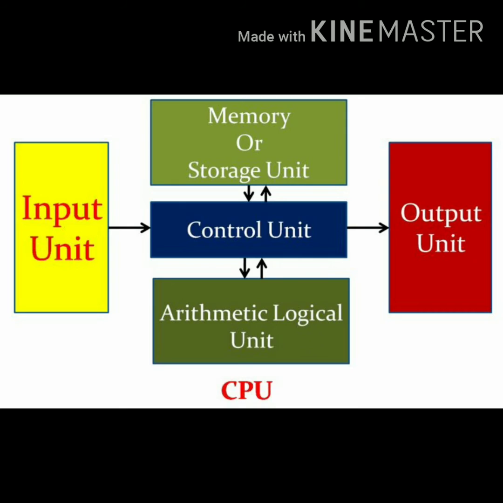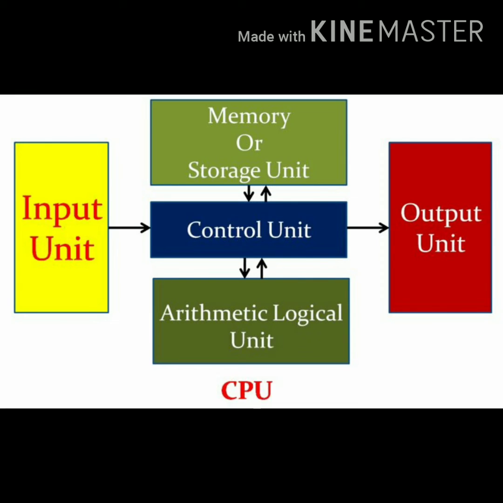When needed, the ALU, that means the arithmetic and logical unit, takes data and instructions from the memory. There, various operations are performed on it as per the command of the control unit, and results are either sent to the output unit or stored again in memory itself.